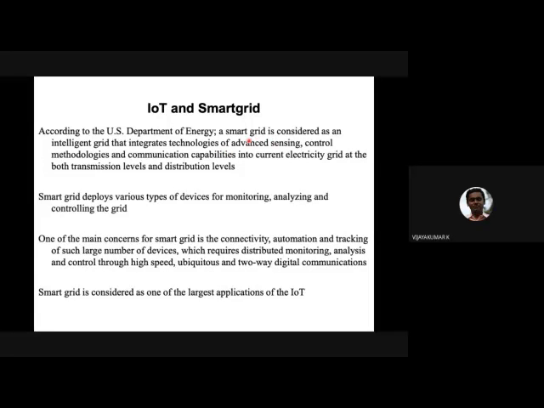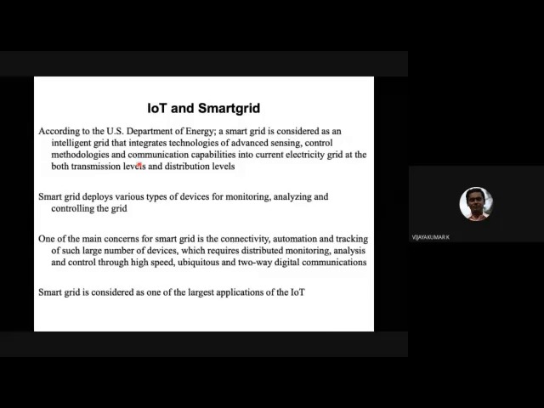So we are incorporating advanced sensing and control methodologies, precise control, and very fast communications into the current electricity grid at the transmission level and distribution level. Once we incorporate these technologies into transmission and distribution, your existing grid will be a smart grid. By saying this word, it sounds very easy.